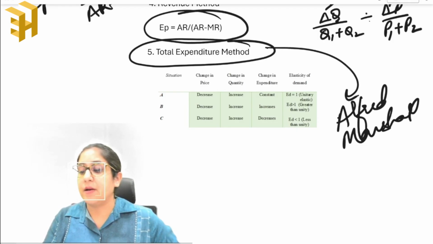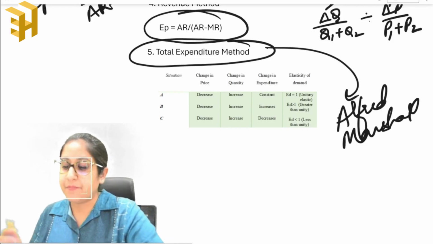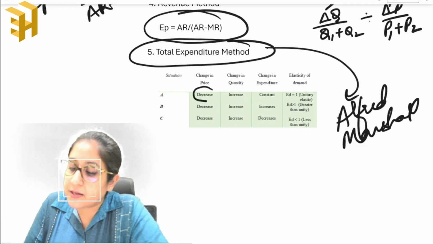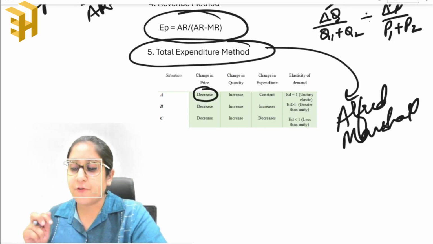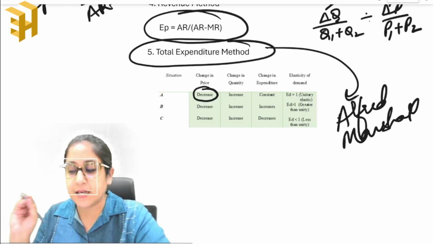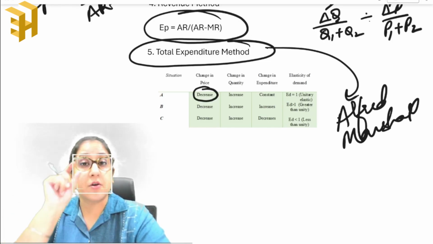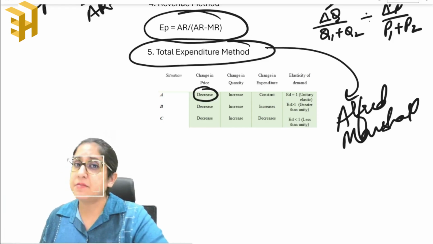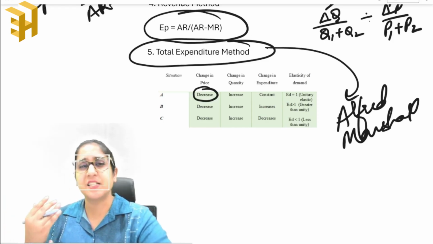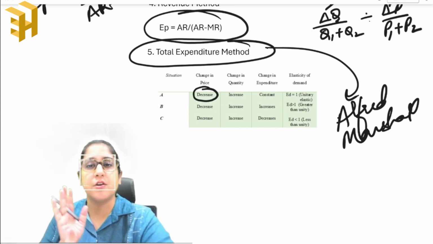Okay, now let's just read the table here. Now we can see that there is a change in price. The price is falling. So when price is falling, quantity would automatically increase, but the expenditure is remaining constant. That means a fall in price has brought about an equivalent change in your quantity.